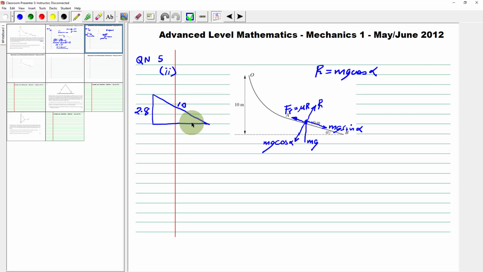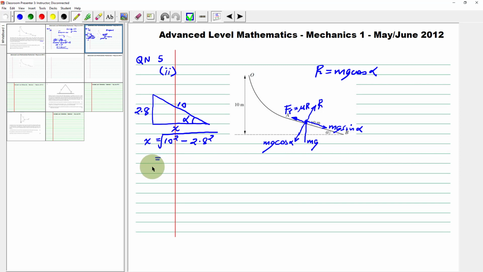We need this side, x, so as to get the cosine of alpha. Let's see whether we can get x by using Pythagoras theorem. x equals the square root of 10 squared minus 2.8 squared.